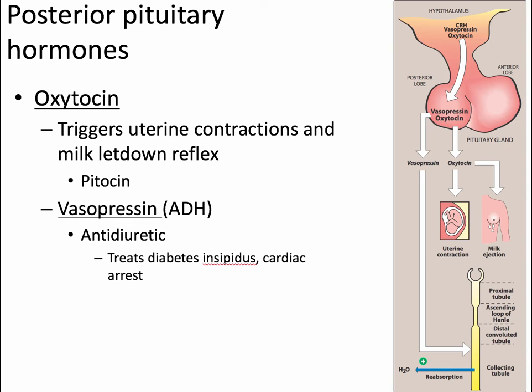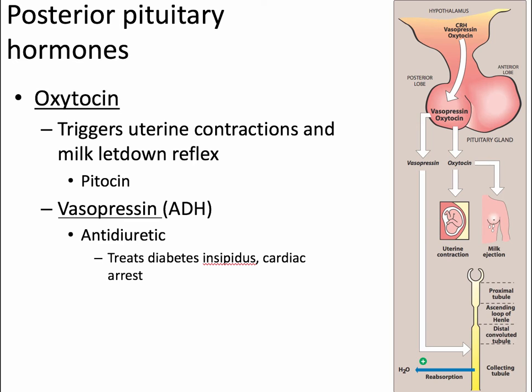So we can give artificial oxytocin, which is called Pitocin, and that triggers uterine contractions. So if a female is not going into labor or it's not progressing, we can give Pitocin to start to trigger stronger uterine contractions.